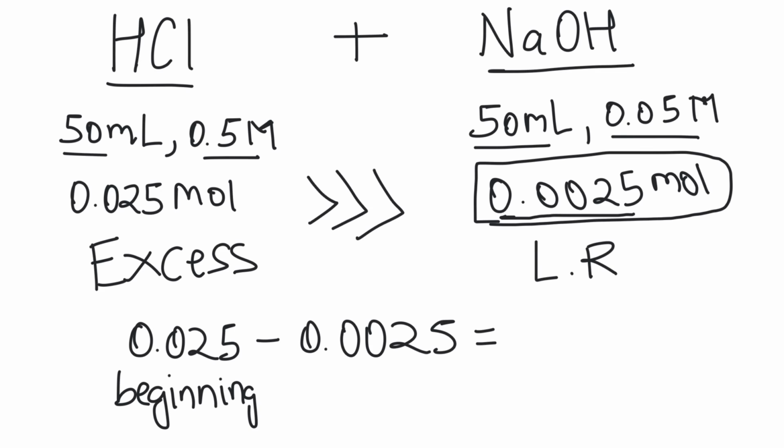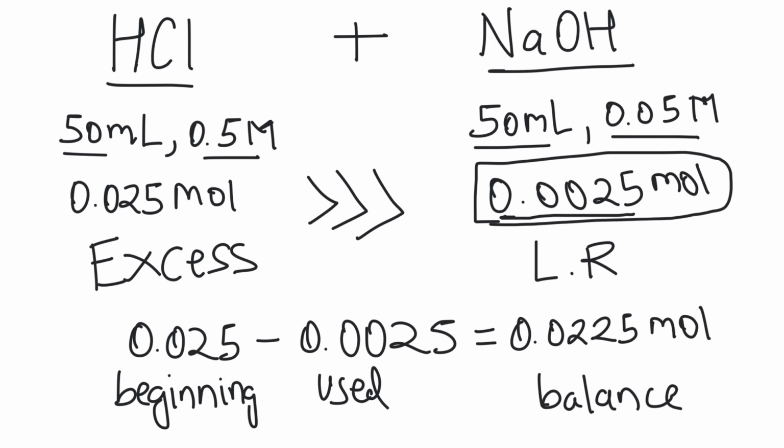The second number is how much I used, okay? And so the answer is going to be your balance. How many moles of hydrochloric acid were left unreacted? 0.0225 moles of hydrochloric acid were left unreacted after the reaction was completed.